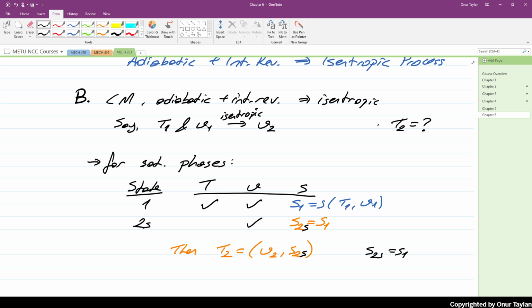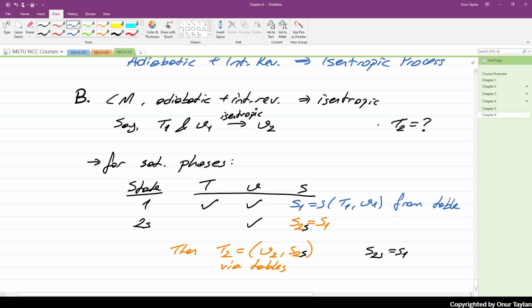So for the saturation phases, use the tables. This comes from the tables. This blue one is also from the related table.